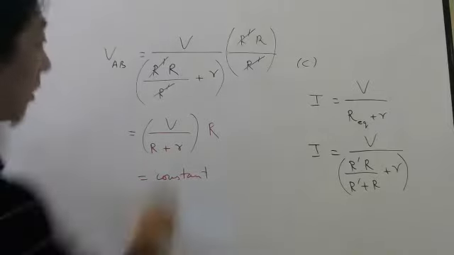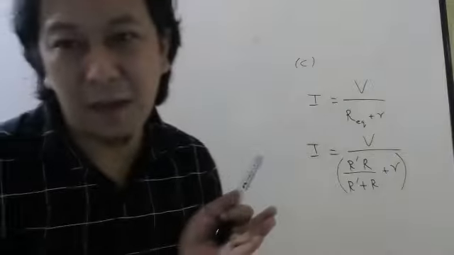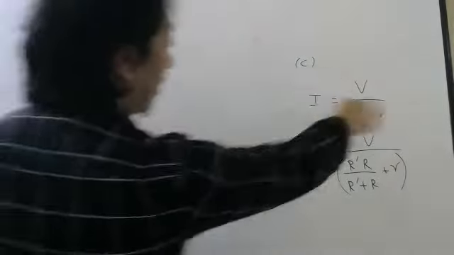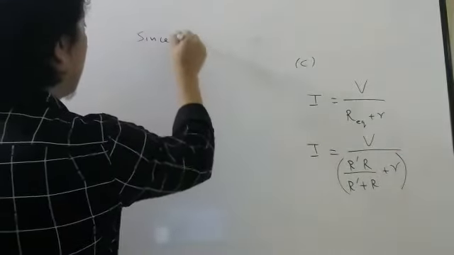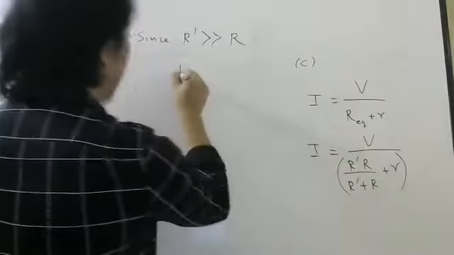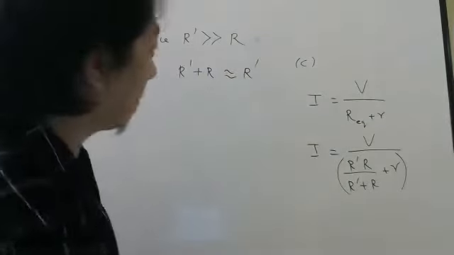Be careful, okay? With current, you have to be super careful. That's why just do the mathematics. Don't think this way it may happen, that way it may happen. Just do the mathematics and check. So this is the current. Now they are talking about current. Since it is given R dash is way larger than R, when you add, you can write approximately R dash, right?